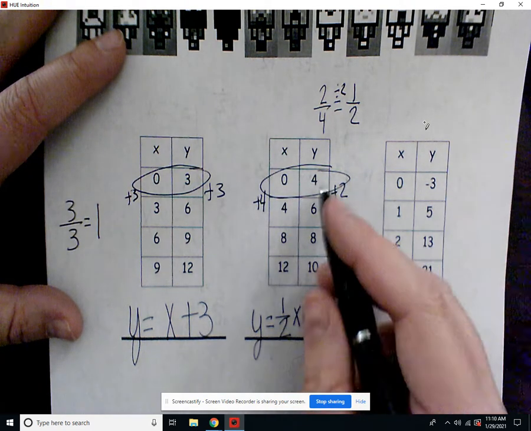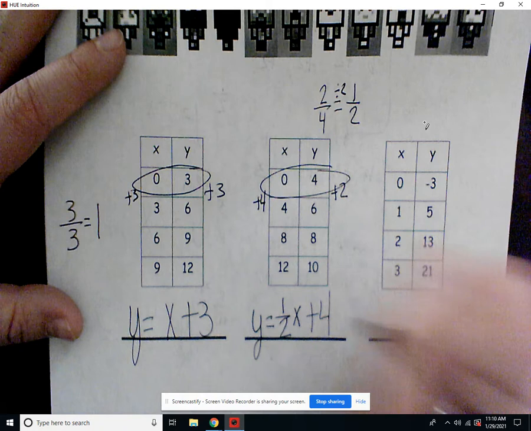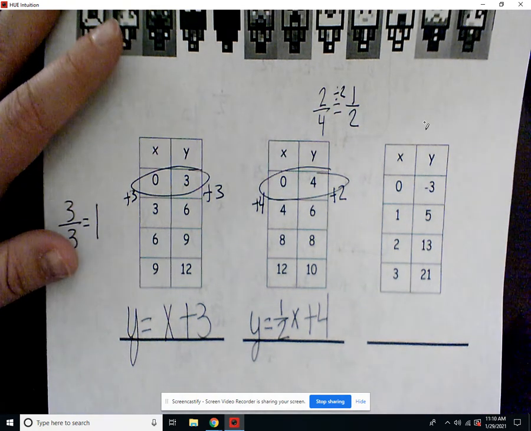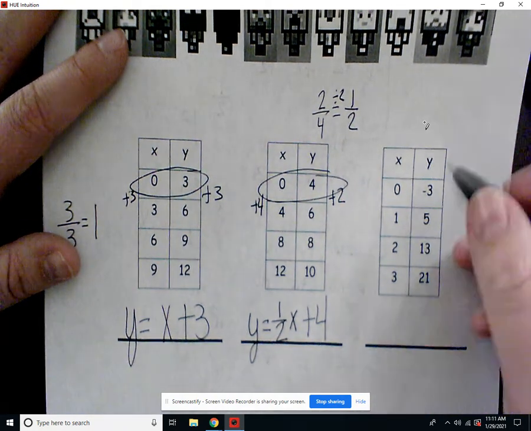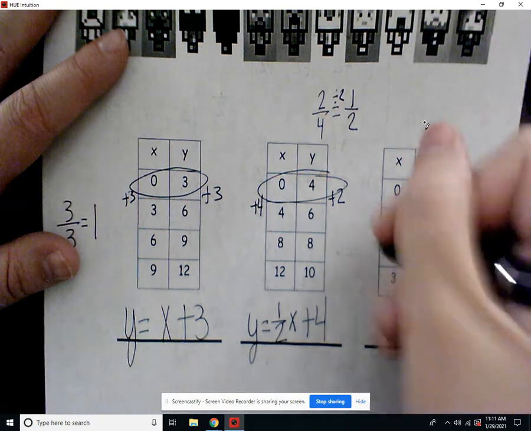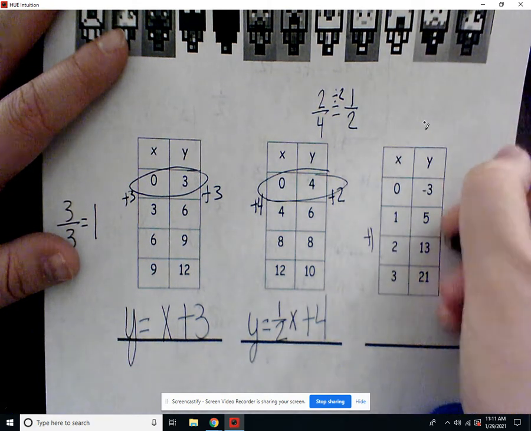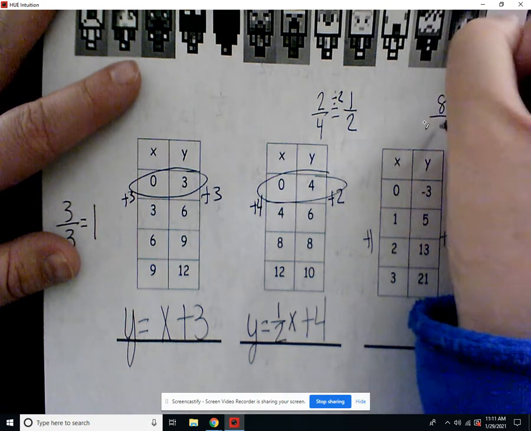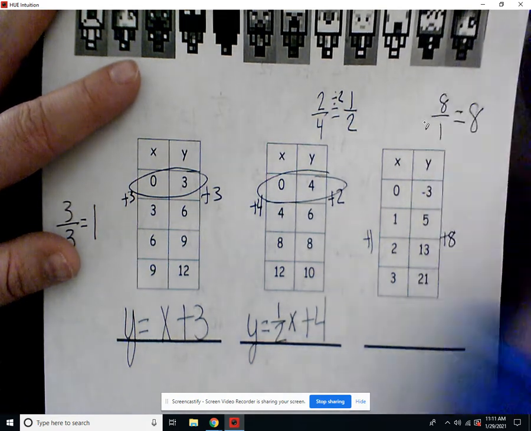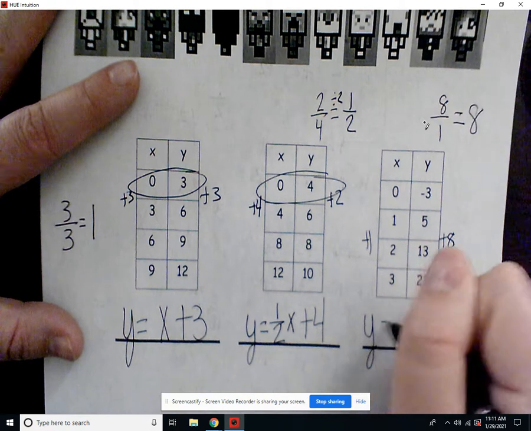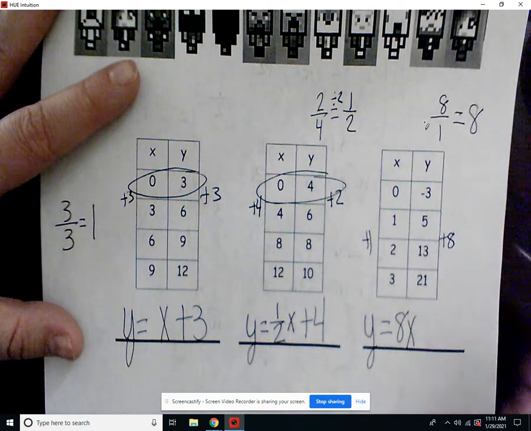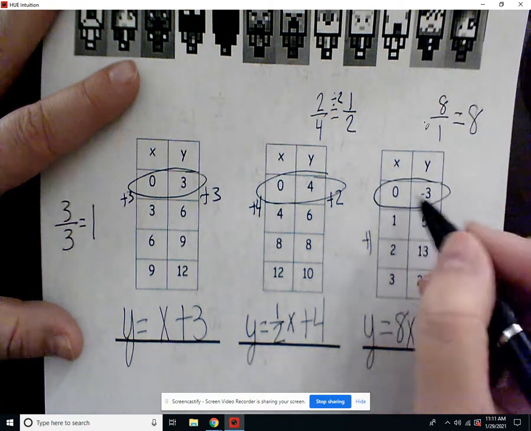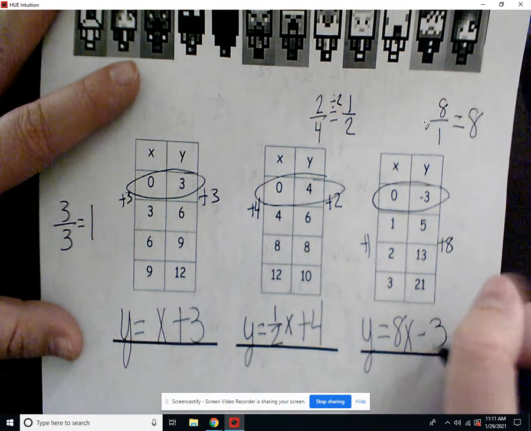And our y is 4 when x is 0, so we get 1/2 x plus 4. And our last one, we're counting by ones and then counting by 8's. So it's going to be 8 over 1, which is equal to 8. So we're going to have y equals 8x. And when x is 0, y is negative 3.